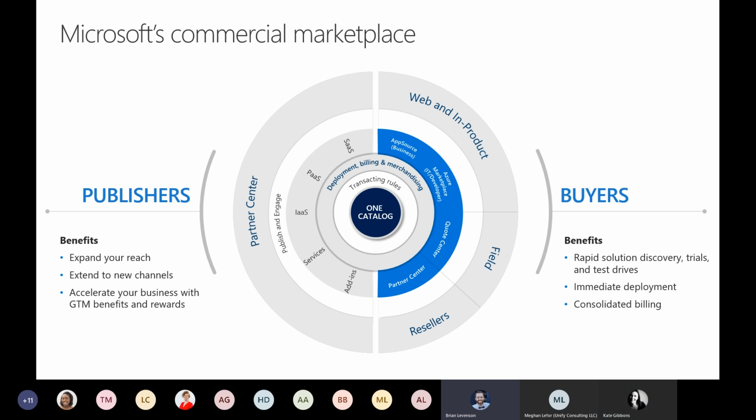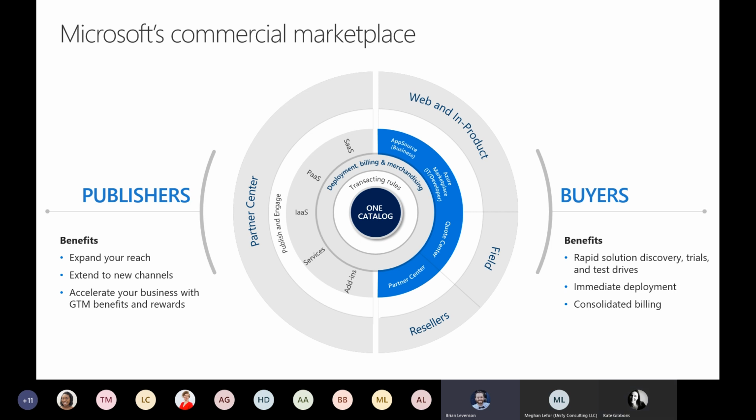And so when we look at this slide, there's a lot of information going on here, but from left to right, really the commercial marketplace is a system and platform that allows Microsoft partners to create offerings, whether they're software as a service, platform, infrastructure, services, add-ins, all types of products that are built on and built for and delivered to enhance Microsoft's cloud.